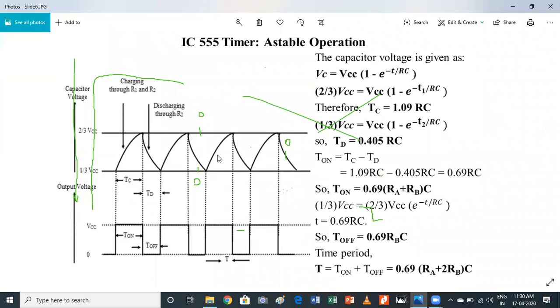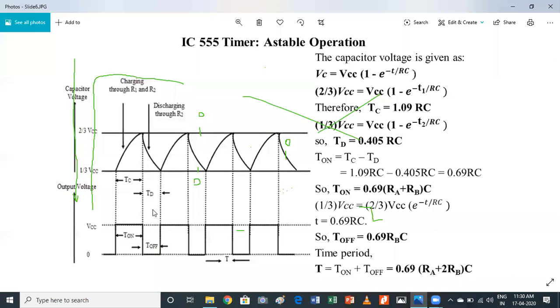Okay, see, this is the capacitor charging and discharging. Whenever the output is high, the capacitor is charging during that period. During the charging period, the output is on.